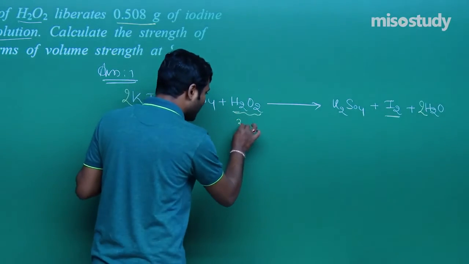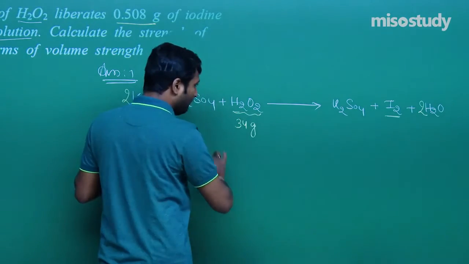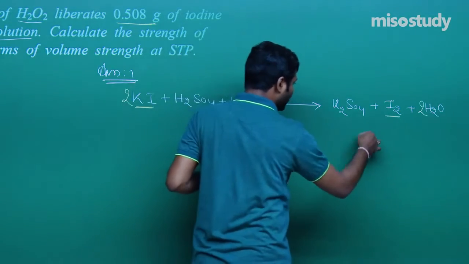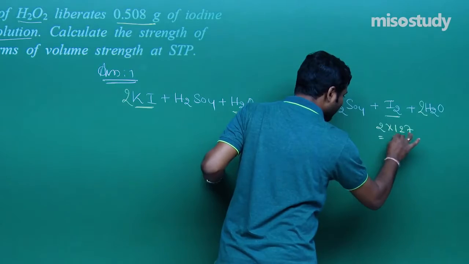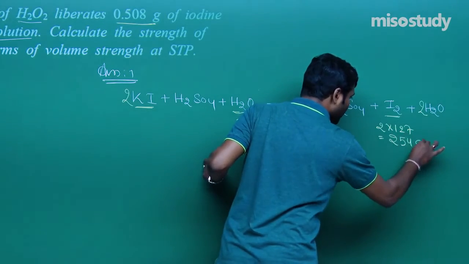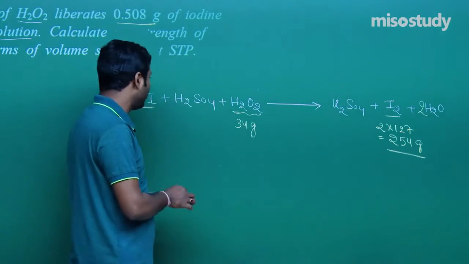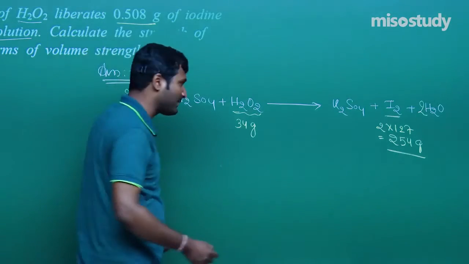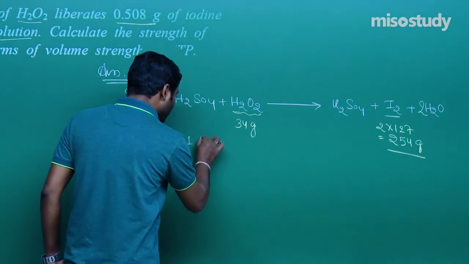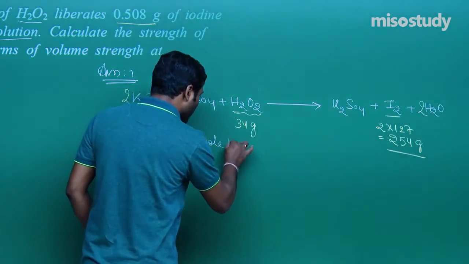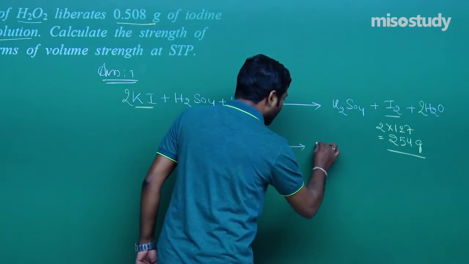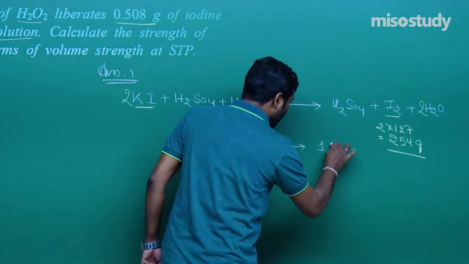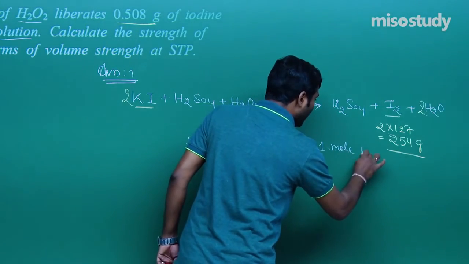Now I am moving here, according to the question. H2O2, what is the molar mass? That is 34 gram H2O2, and I2 gives you 2 into 127, that is the molar mass, 254 gram. At ordinary condition, when we balance the reaction, 1 mole H2O2, listen to the question carefully, gives you 1 mole I2.